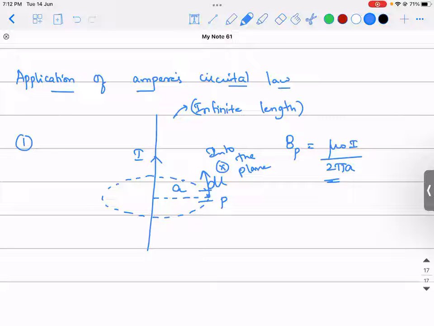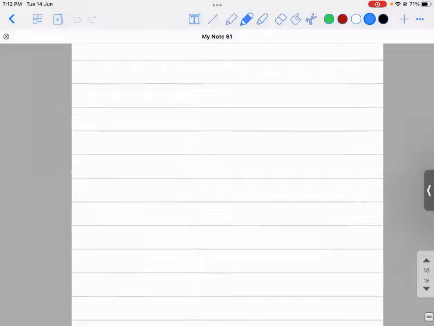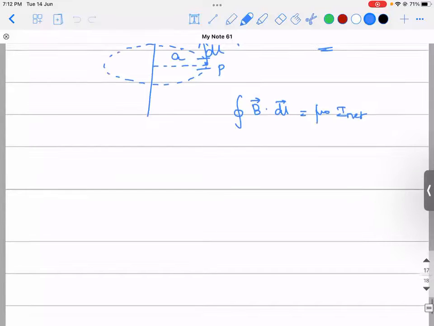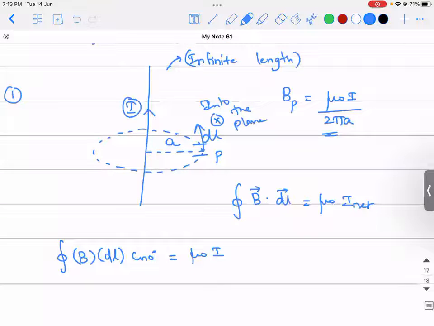So when it is into the plane, I can write the line integral of B vector dot dl vector is equal to mu naught times the total current enclosed by the Amperian loop. So line integral of B dl cos 0 degrees, because the magnetic field is also into the plane and dl is also into the plane, is equal to mu naught times the current enclosed by the Amperian loop, which is I, because there is only one current carrying conductor.